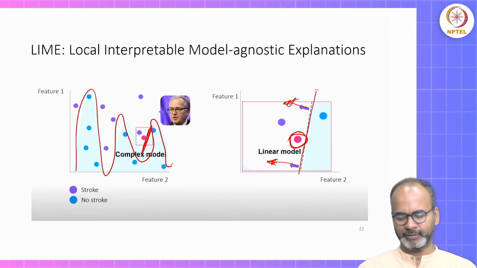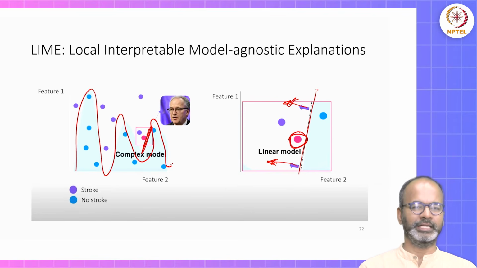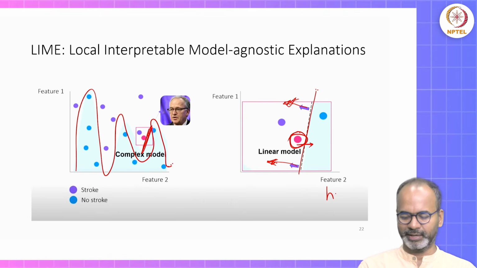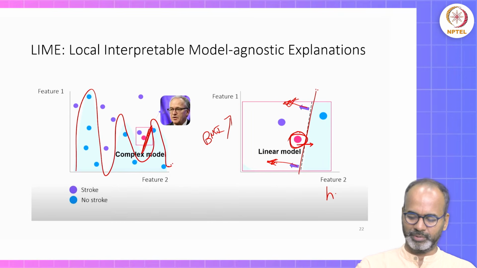For example, if this is height and BMI, we can increase the height by 1 centimeter and increase the BMI by 1, so it will probably go here, and a data point is generated there.